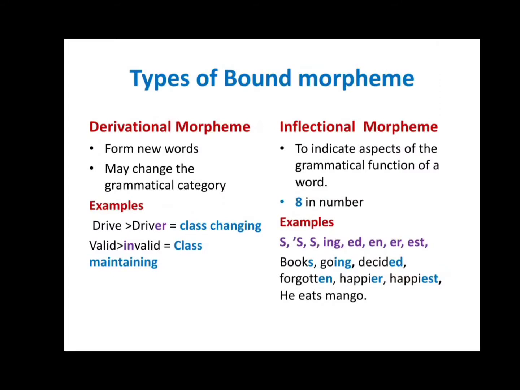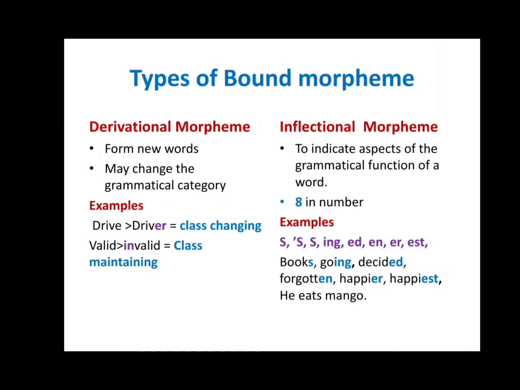Next, inflectional morpheme. What is inflectional morpheme? Inflectional morphemes are the type of morpheme that is used to indicate aspects of the grammatical function of words. There are 8 in number.